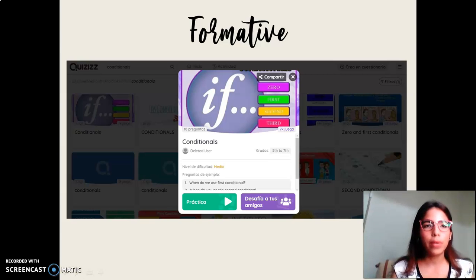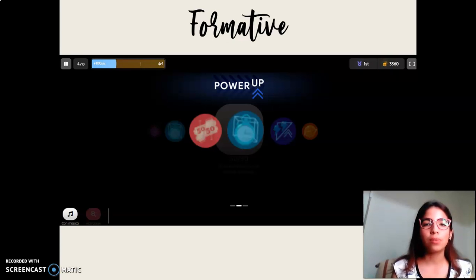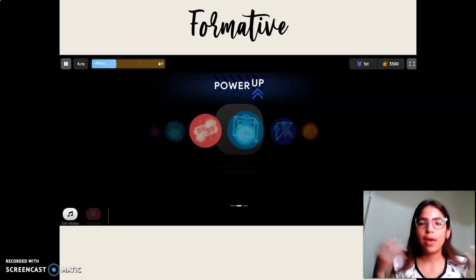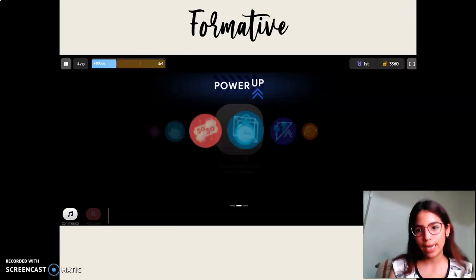For example, I'm going to evaluate this topic with quizzes, and this page is so interesting because, as you can see, it has some power-ups and some points that can encourage the student to keep doing their best, to keep doing such good work in the evaluation. And it's so interesting because at the same time it helps them to remember all that they watched or have seen in the class before.